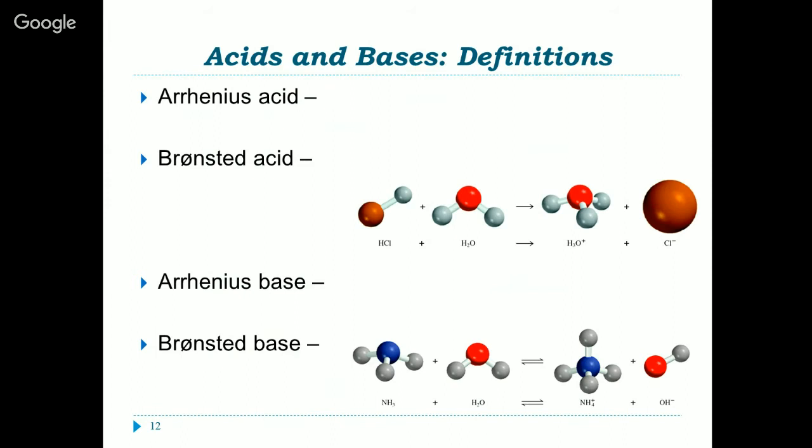If you end with 1 less proton, it means that you were an acid in the beginning. If you end with 1 extra proton, that means that you were a base in the beginning. And you're always going to end up with acid base equals another acid base. Well, not always, most often.